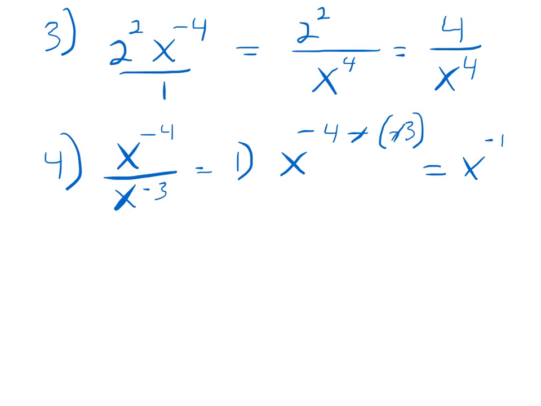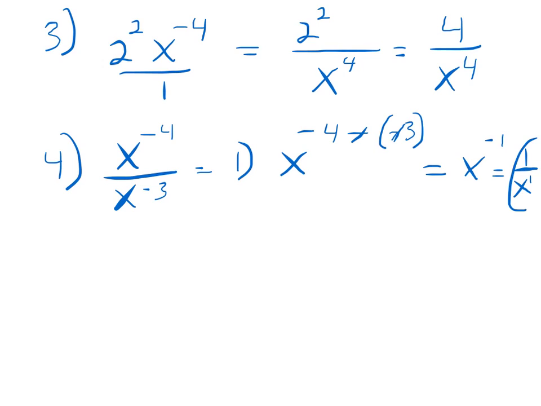And then what do you do with this x to the negative 1? How do we get rid of the negative exponent? We flip it. It was on top. We move it to the bottom and make sure the exponent turns positive. That's it. So that's the first method I just showed you, using the rules that we already know, just subtracting the exponents. And we subtract when we're dividing.